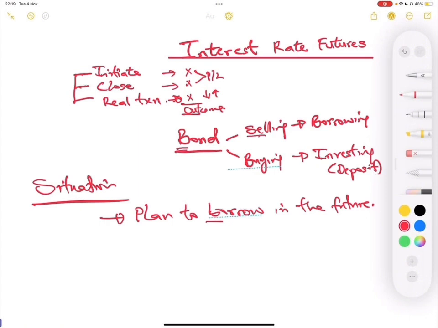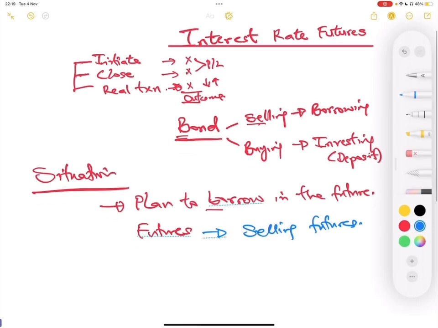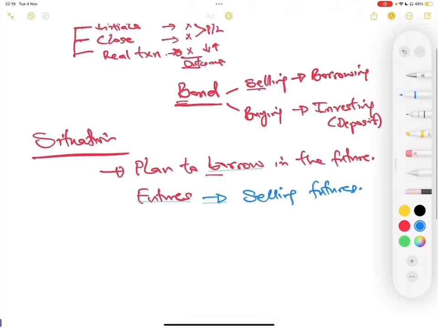So in that case, your future that you're going to be using must be selling future. So it means that you will be selling this future, and that is how you're going to hedge this situation that you find yourself in.